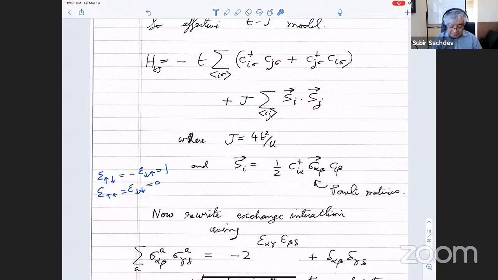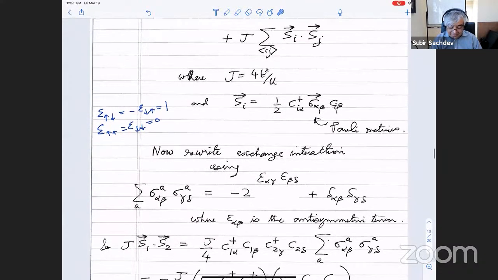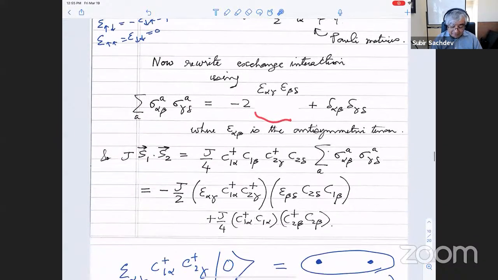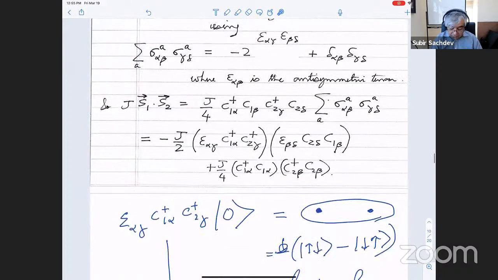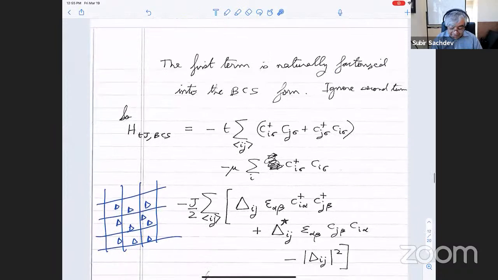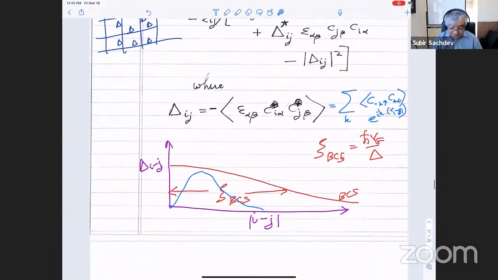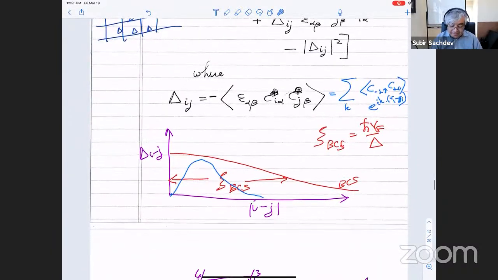And the purpose of this transformation here was to show you that the effect of this coupling is equivalent to an attraction which is nearest neighbor. So you took that nearest neighbor interaction and solved it, and you find these pairs which have different sizes.